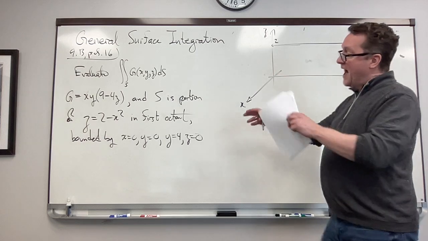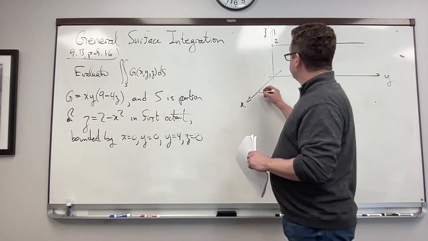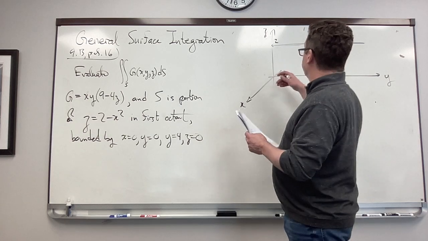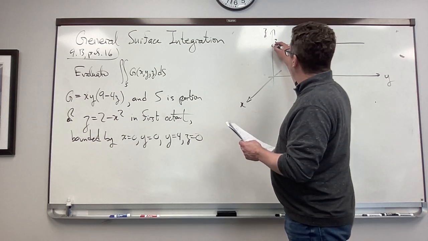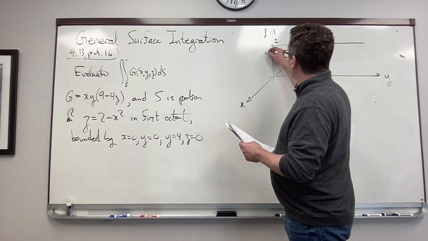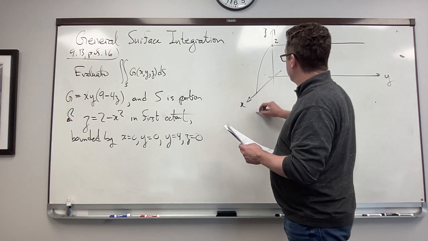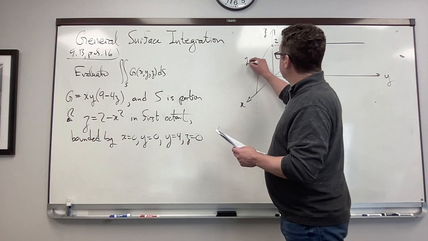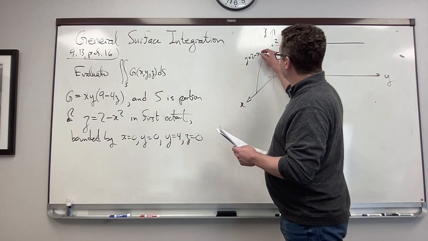But we're adding 2 to it, so we're shifting it out. Sorry, I'm saying that in the wrong dimension here. This should come down, like this. It would continue. So this curve here is z equals 2 minus x squared.